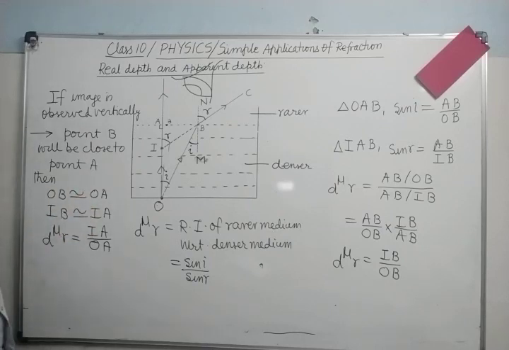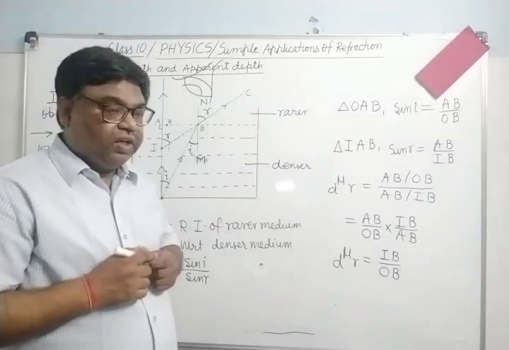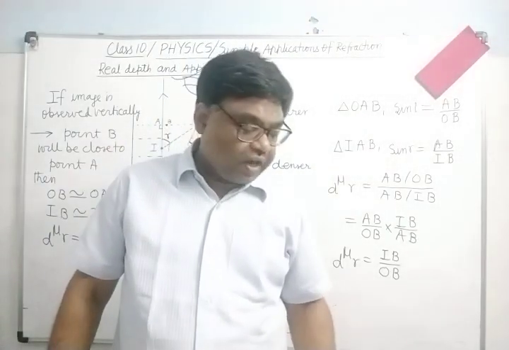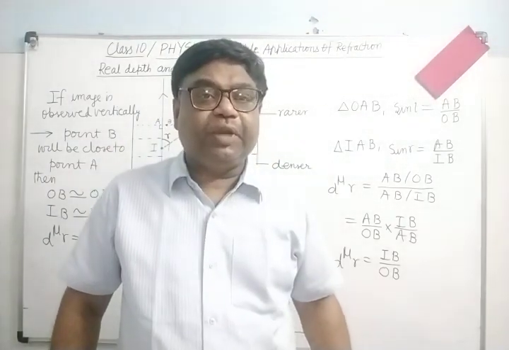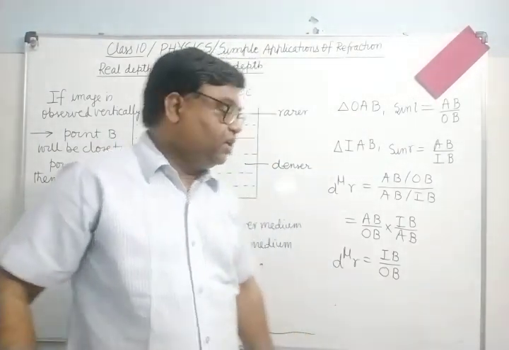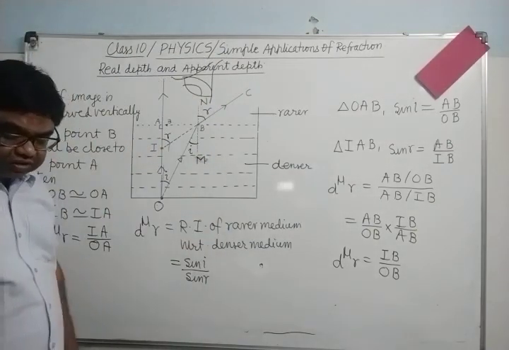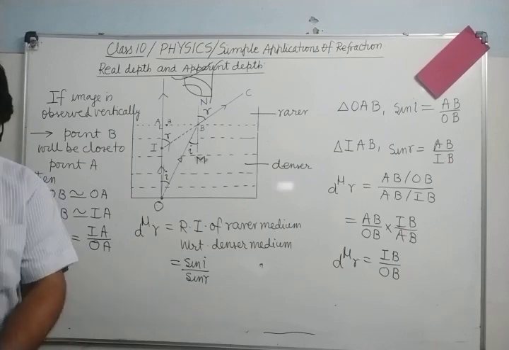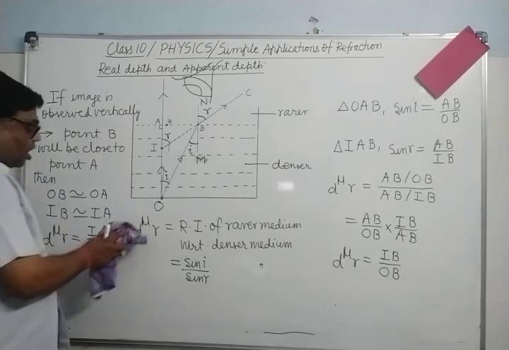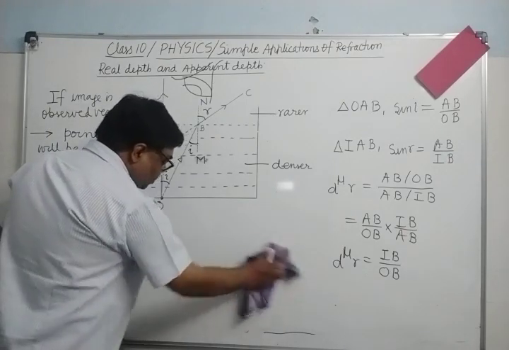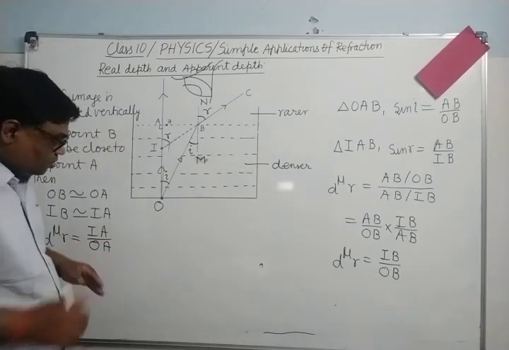Now see here, mostly we express the refractive index of denser medium with respect to rarer. Here it is the refractive index of rarer medium with respect to denser. So we will write R mu D. R mu D is what?